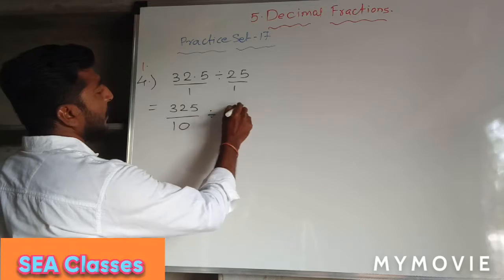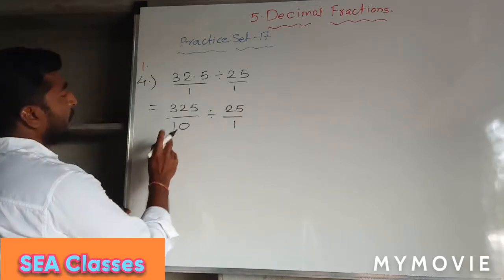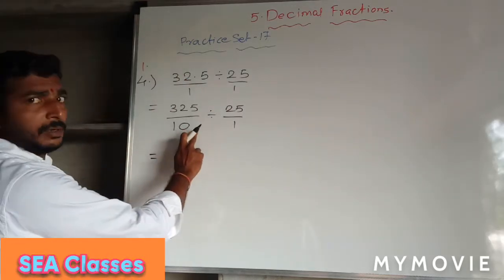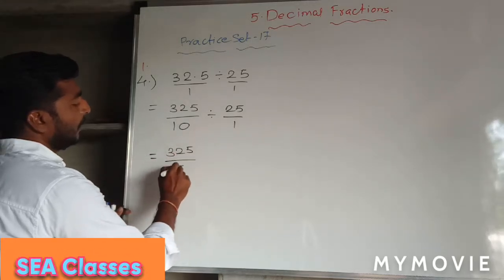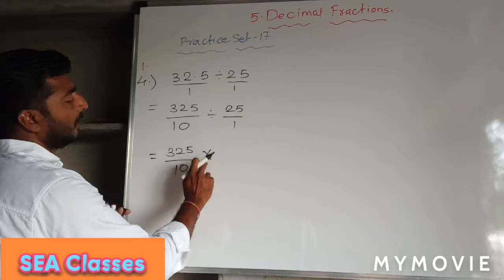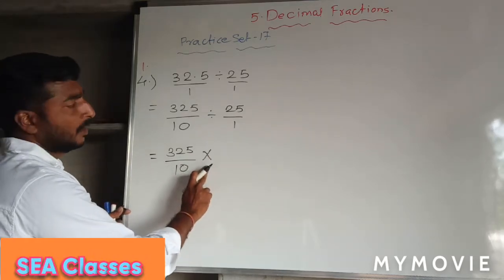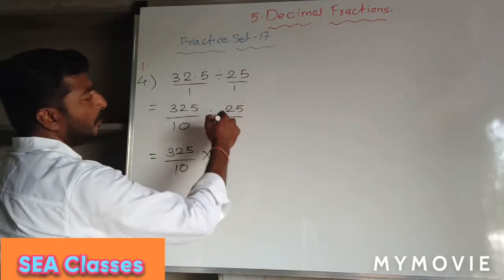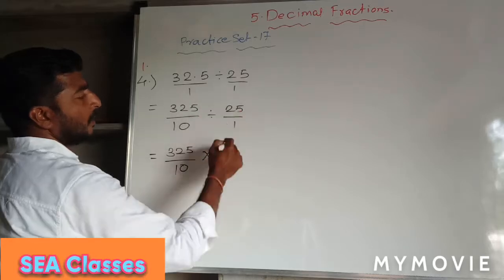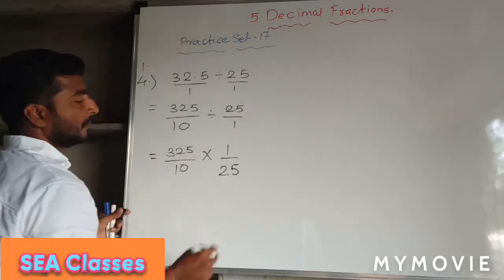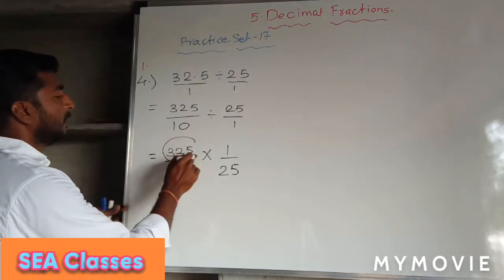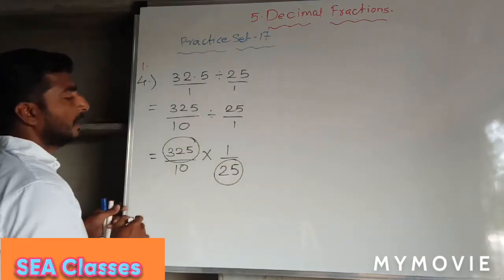Divided by 25 upon 1. So now you have converted this decimal fraction into the common fraction. Now you have to do the division of common fractions, and you know that you will take multiplication in place of division, and you will take the reciprocal of the second fraction. So the reciprocal of 25 upon 1 is 1 upon 25. Now you see in the numerator there is 325 and in the denominator there is 25.